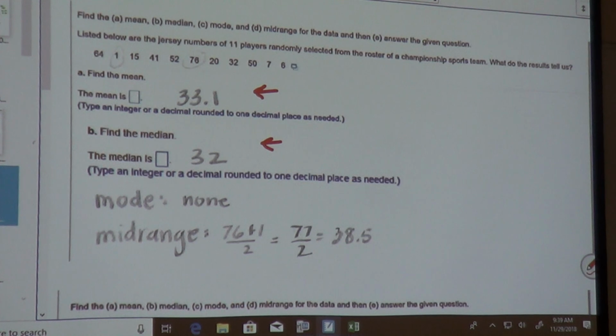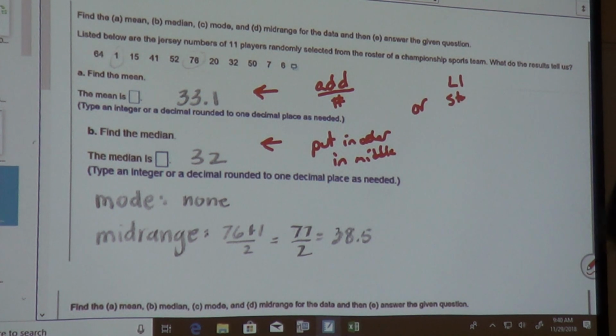We good? For the mean, you can either add them up and divide by how many numbers you have, and for the median, you can put them in order and pick the one in the middle. What if there's 2 numbers in the middle? Add them up and divide by 2. Or you can put them in L1 under stat edit, and then go to stat calc and do 1 var stats.